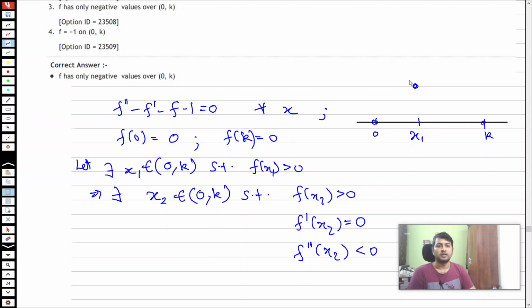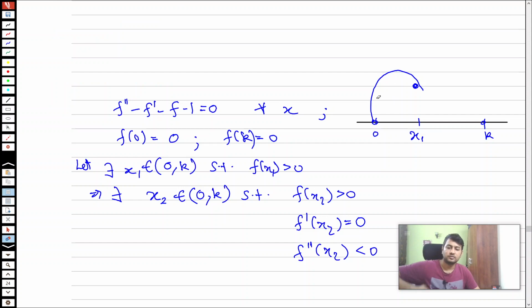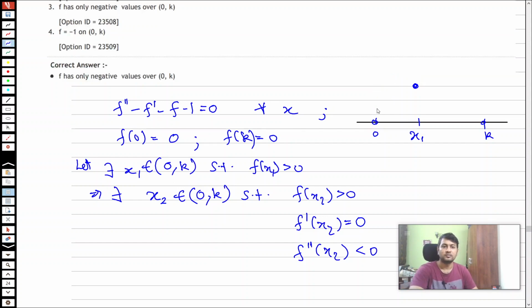Basically, if it reaches a positive point, then there should be a point like this, x2, where the function is positive, its derivative is 0 and its double derivative is negative. So there should be a local maxima of this function above the x-axis.